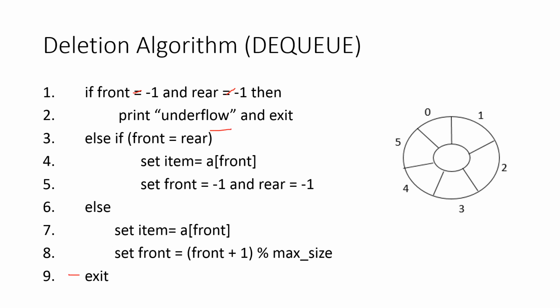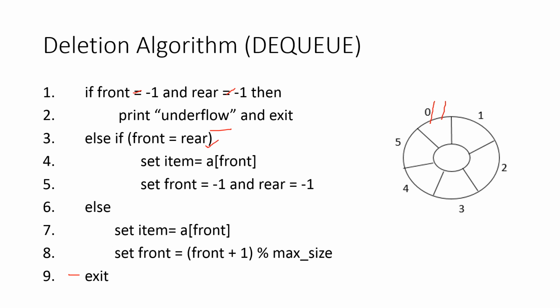Okay. And next, else if front is equal to rear. See this? Front is equal to rear. This is front and this is also rear. Rear and front both are the same. That is, only one element is there.